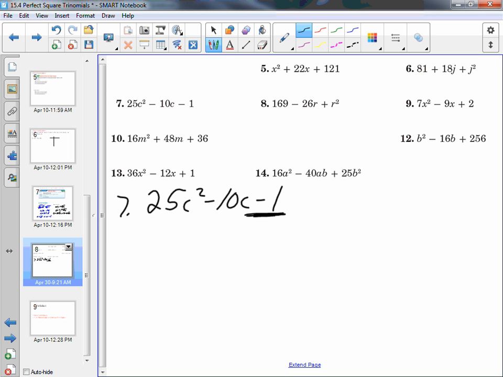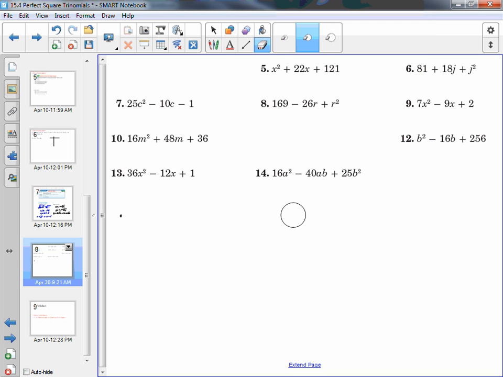Let's look at 14. All right, I've got 16a squared minus 40ab plus 25b squared. Is 16a squared a perfect square? Yeah. What's its square root? 4a. So a is 4a. Is 25b squared a perfect square?